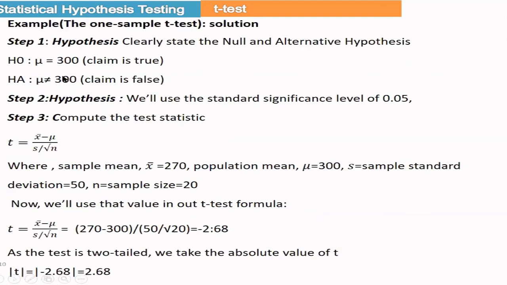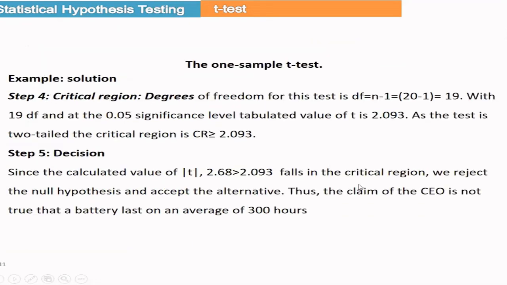That is, we reject the claim of the CEO that the life span of the battery is 300 hours. His claim is not true based on the sample with the t-test, and finally we conclude that the claim of the CEO is not true.